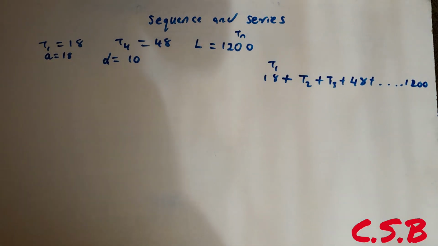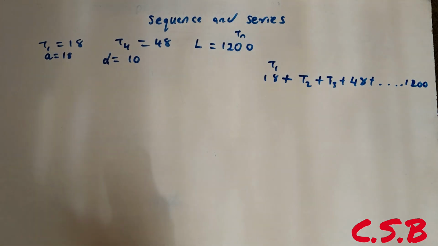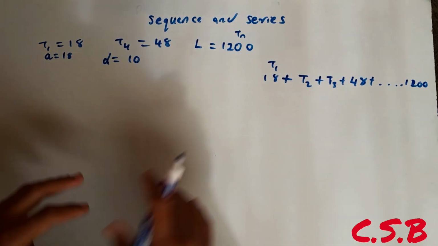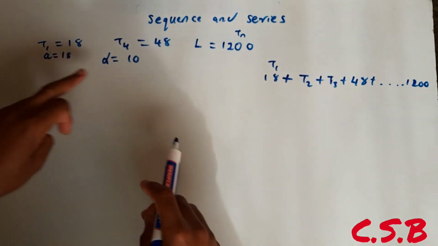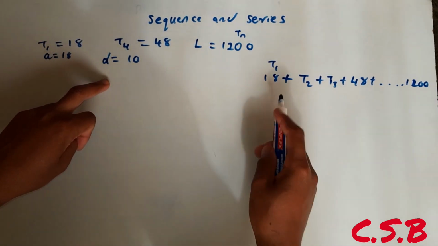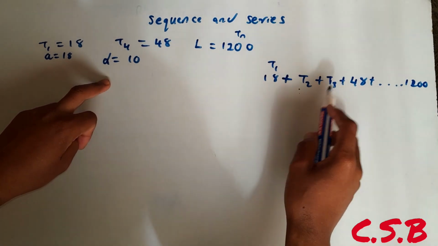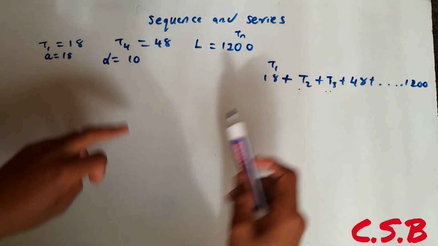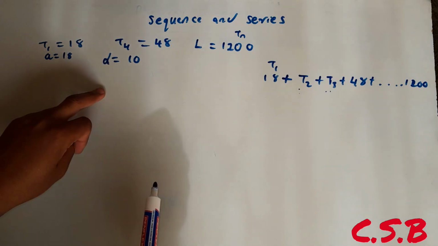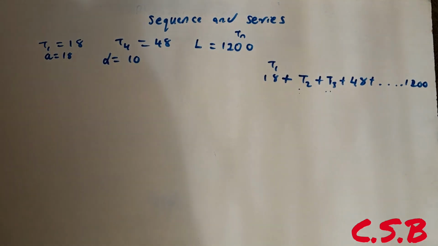So it must appear like this, up to 1200. Now let's focus on this, because the difference is 10 here. If you keep on adding 10, it could be 28, then you add 10, 38, then you add 10, 48, because the difference is 10. We solved it on the previous question.